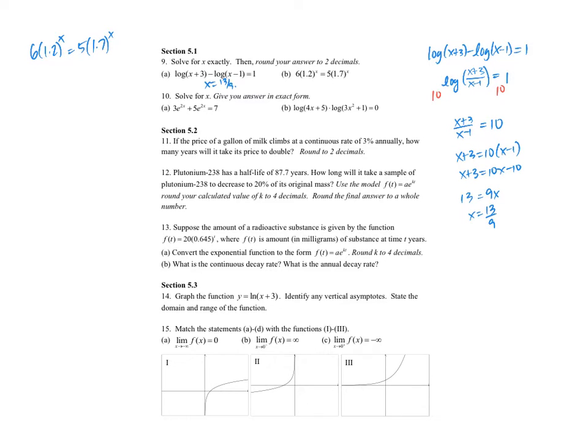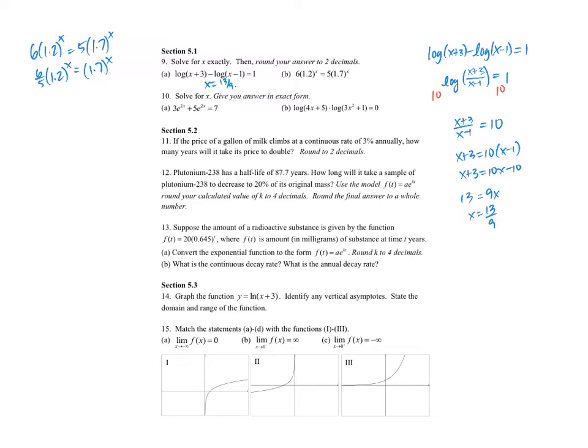You can use a log or a natural log, either way. It doesn't matter what kind of log we use here. So let's start by dividing the 5 over, and so I'll get 6/5 times 1.2 to the x equals 1.7 to the x. That's just one thing I can do to simplify it a little bit.